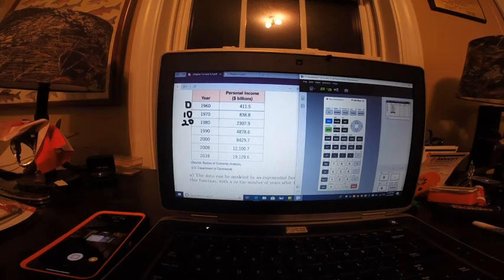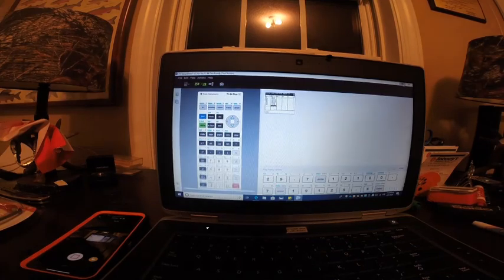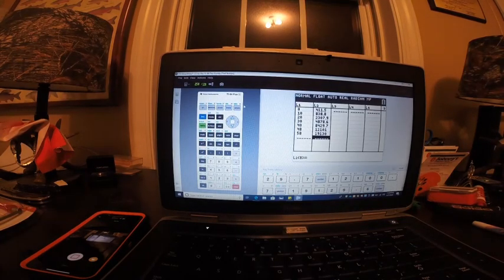And there it is. So we're going to model this with an exponential function. So make sure you have your list typed in correctly.